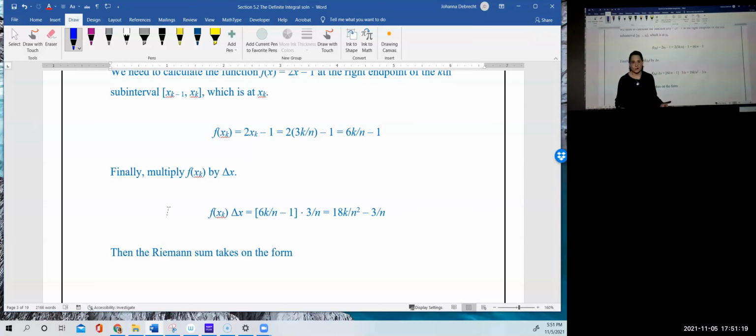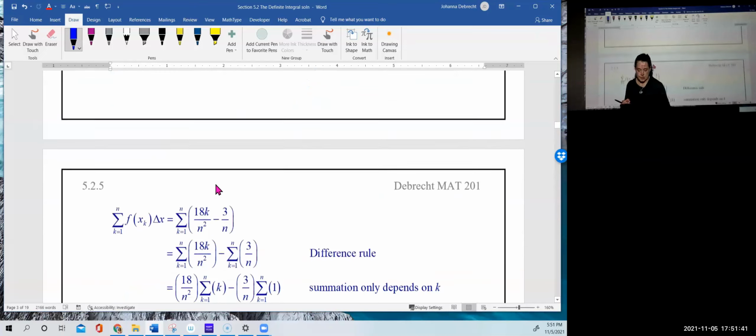Now this is just algebra, so you can just distribute this over both terms. So don't forget to distribute over both terms, or you'll see my arrows on your work. And this gives us 18k over n squared minus 3 over n. This becomes the summand, or the part that's being added together inside the Riemann sum.